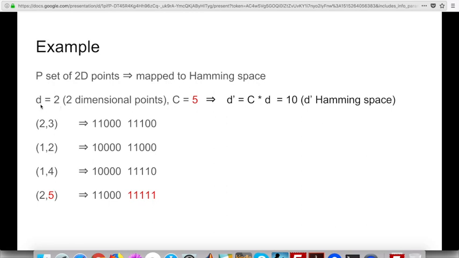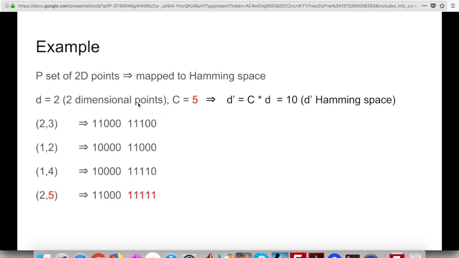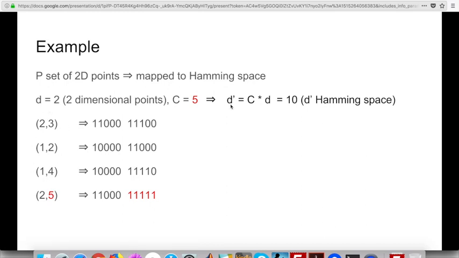The dimension of the original points is 2. We find the maximum coordinate in these points, which is 5. So the dimensionality of the Hamming space that we are going to map the points to will be d', which is equal to C, which is 5, times d, which is 2, so it's 10.